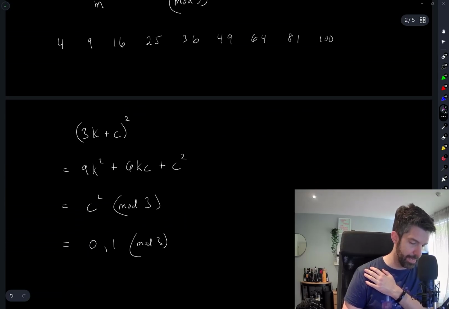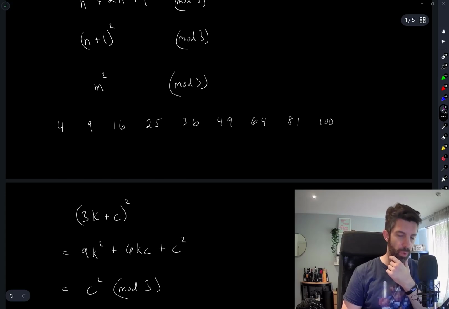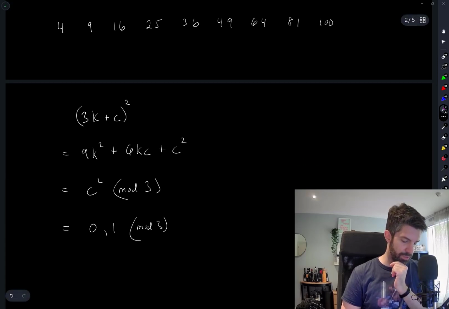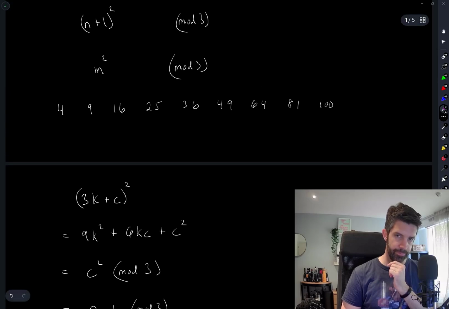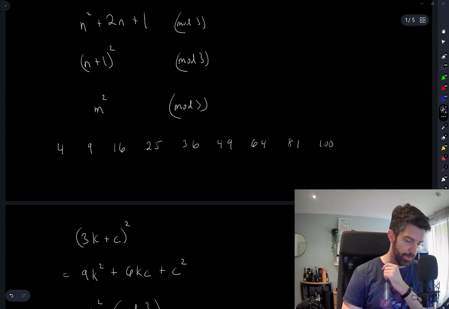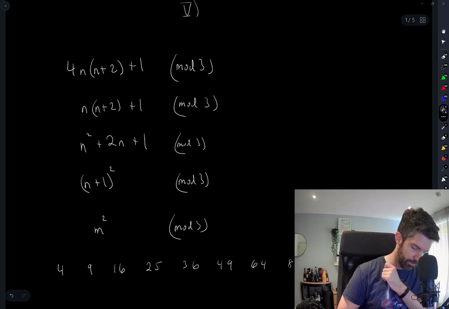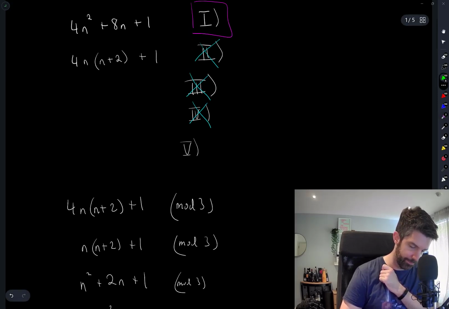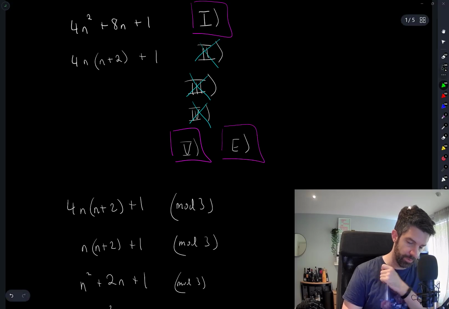And so, yeah, any time you square a number, you never get something which is 1 less than a multiple of 3. So yeah, so this is correct then, and the answer is E. Statements 1 and 5 are correct.